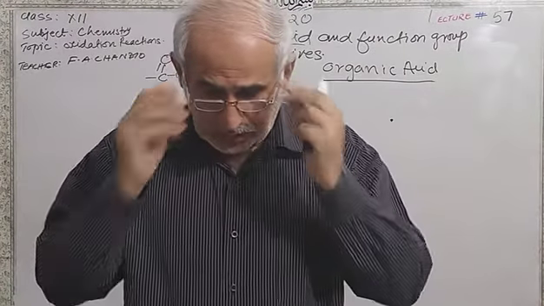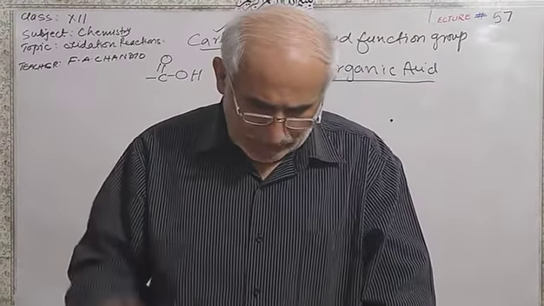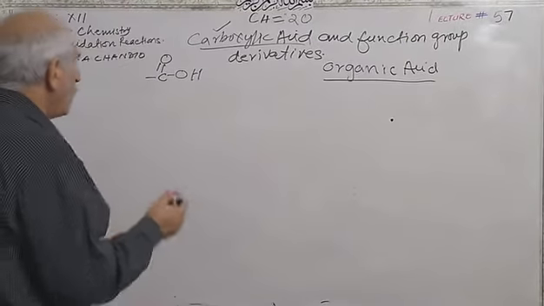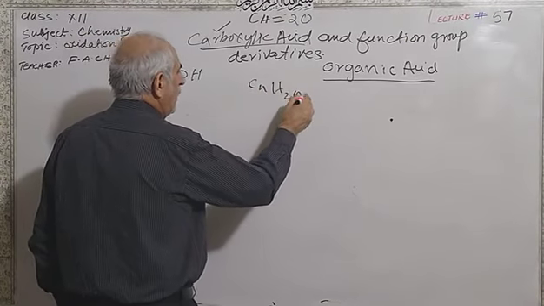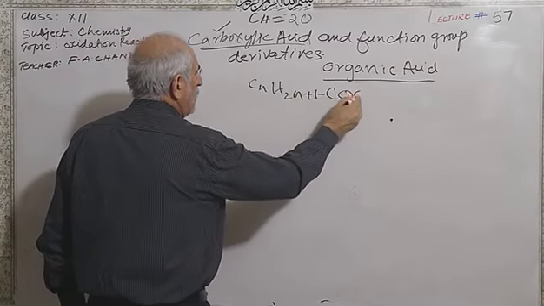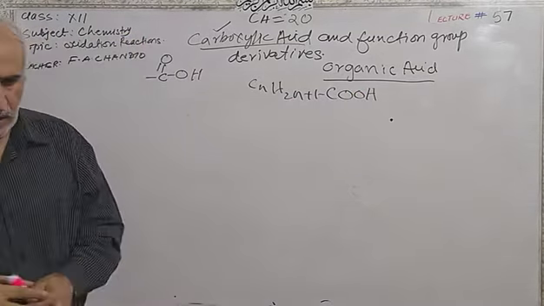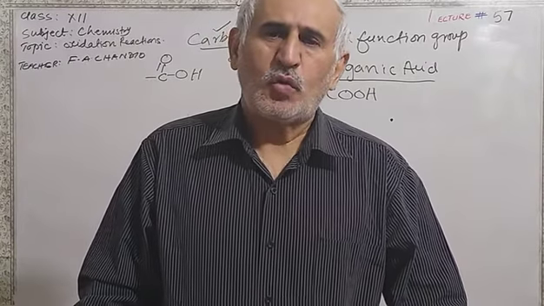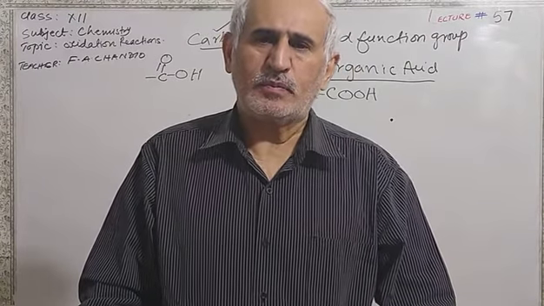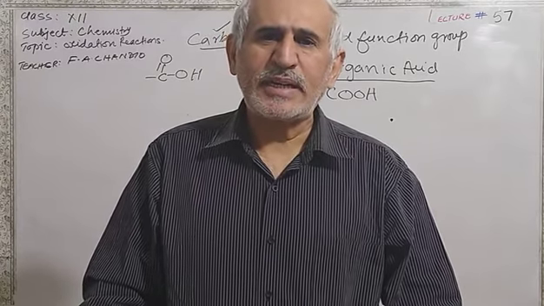So, nomenclature. The general formula for the carboxylic acid is CnH2n plus 1 COOH, the carboxylic acid functional group. General names we have, just like formic acid, from formica, ants, it's present in ants.